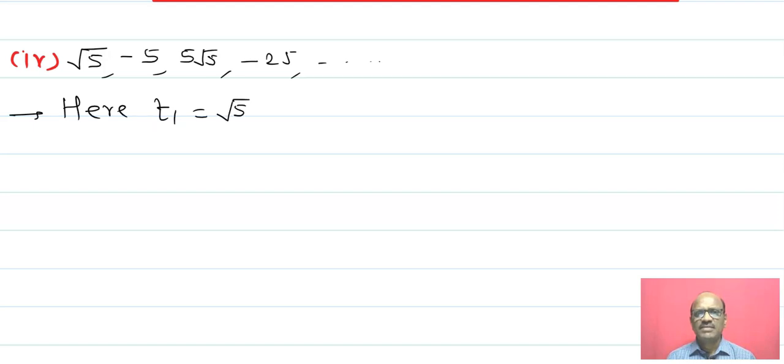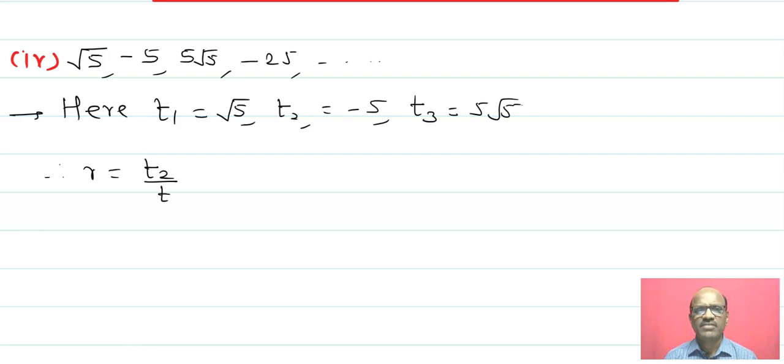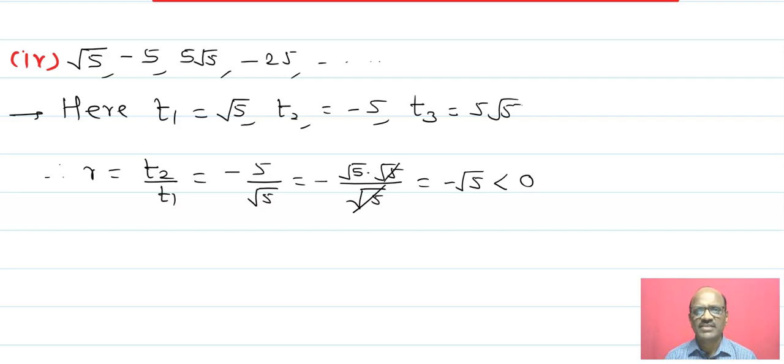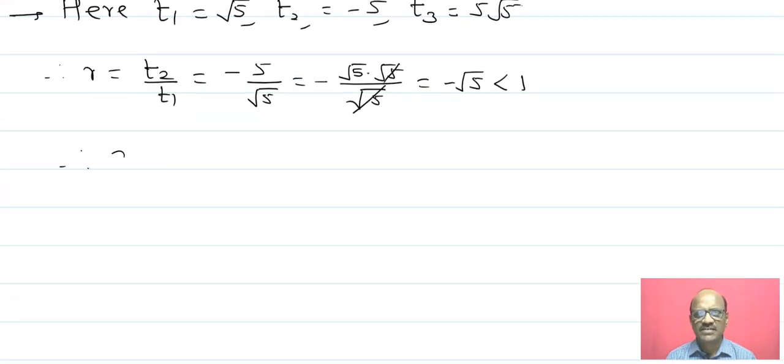Here T1 is equal to root 5, T2 is equal to minus 5, T3 is equal to 5 root 5, and in this way we will find out the common ratio, which is T2 upon T1, minus 5 upon root 5. Now I am writing this 5 as root 5 into root 5, which you learned in the 9th standard in the 3rd chapter, so the root 5 gets cancelled. You are getting the value of R equal to minus root 5, which is less than 1.